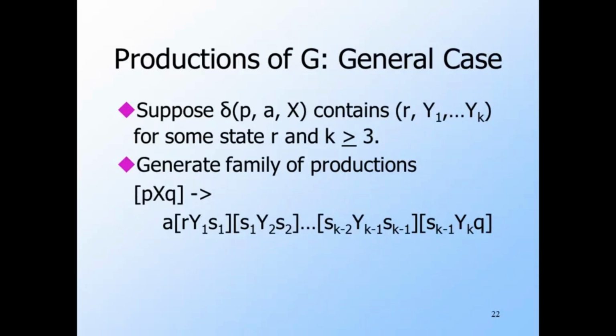In the general case, where on input A in state P, X is replaced by a string of 3 or more stack symbols, Y1 through YK, and the state becomes R, we need a family of productions in which there are k-1 unknown states, S1 through Sk-1. The productions all have this form.